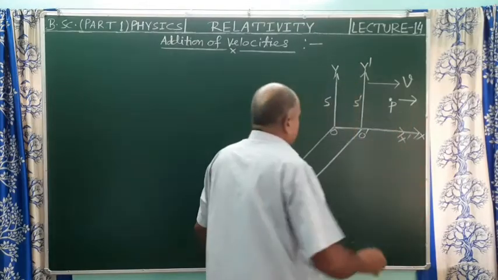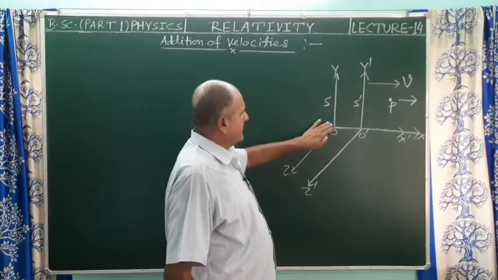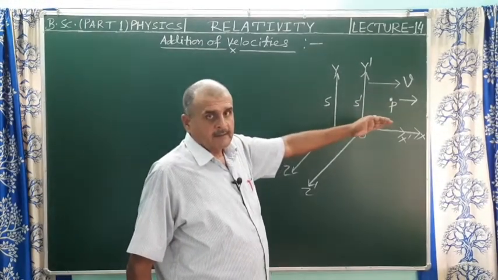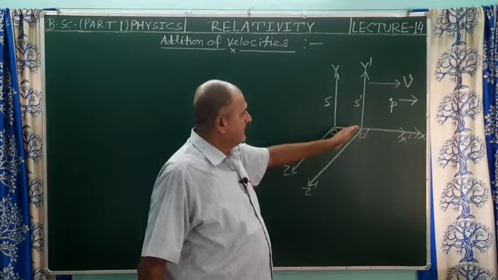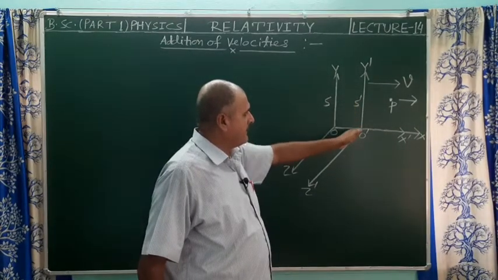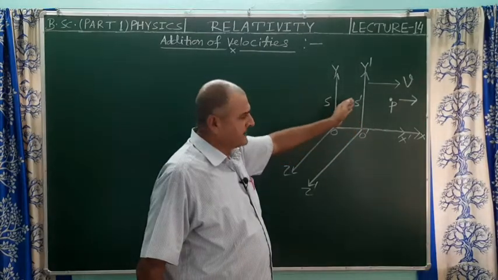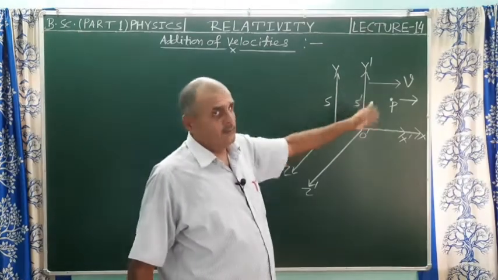Let the observer in frame S observe the velocity of the body as u, while the observer in frame S dash, situated at O dash, observes the velocity of the object in frame S dash as u dash.